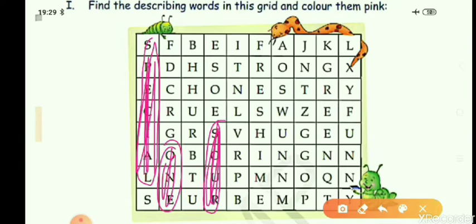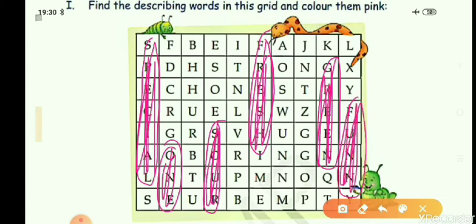Then in the next line we have fresh. Then there's no describing word in the next line, and now we have green. And then in the last line we have the word funny. So we have six words here.